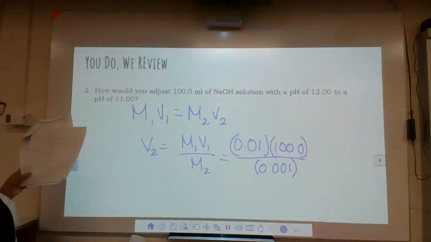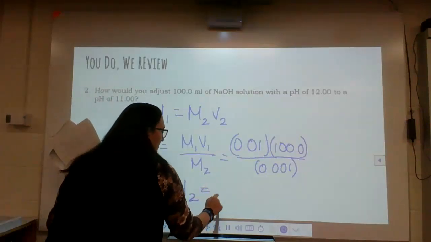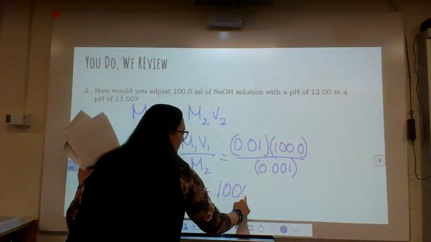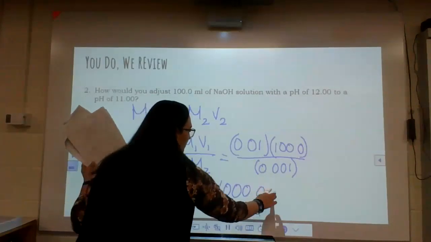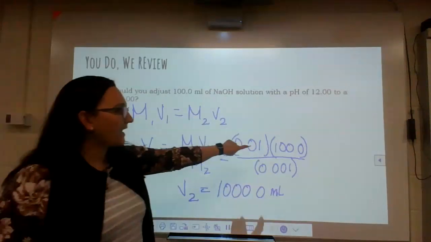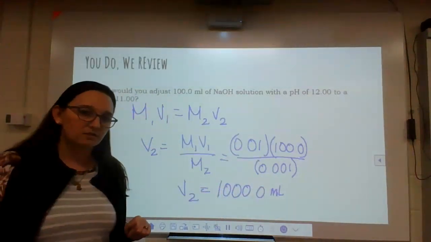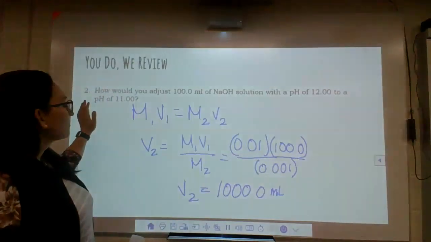And so this comes out to V2 equals 1,000 milliliters. So I have to add 900 milliliters to my original solution to change the pH from 12 to 11.